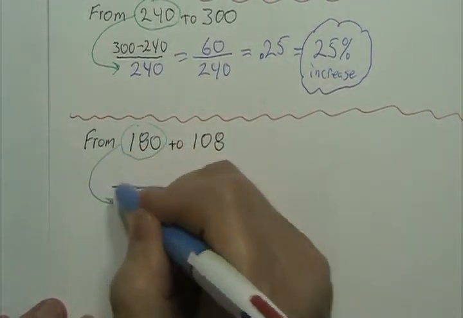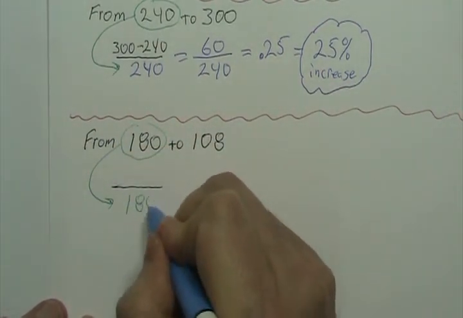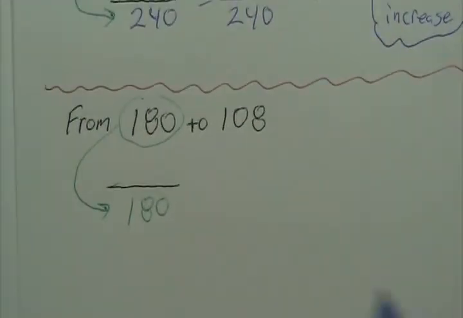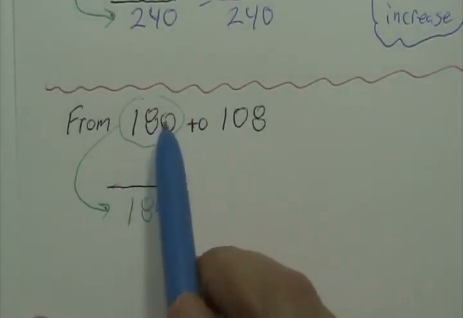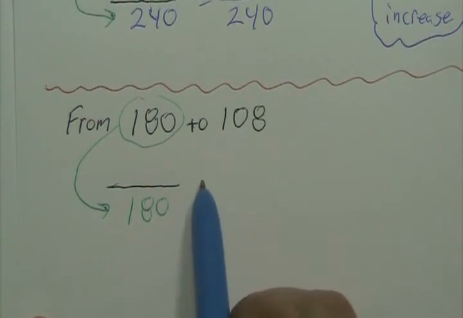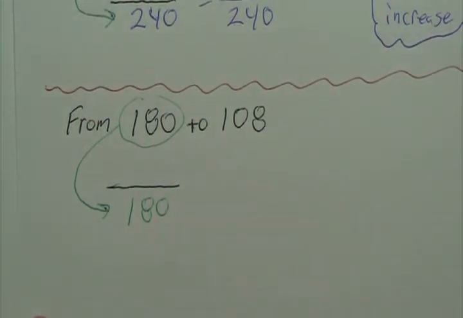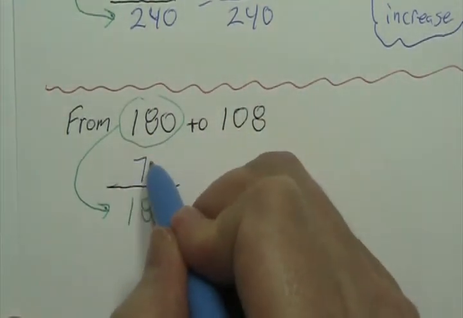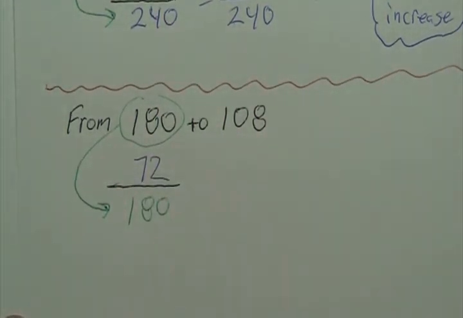So that's going to go down here, 180. And then I subtract the two on top. 180 minus 108. And that's going to leave us with 72.